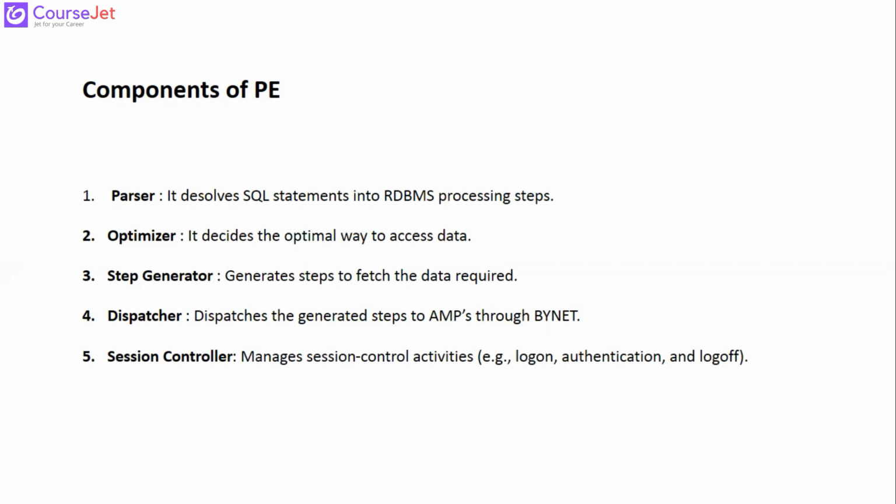All these steps are generated here by the step generator, and then those steps are passed to the dispatcher. The dispatcher will dispatch the generated steps to the AMPs through the Bynet. The AMPs are the workers which retrieve the data. We'll see how that works when we move on to the AMPs.